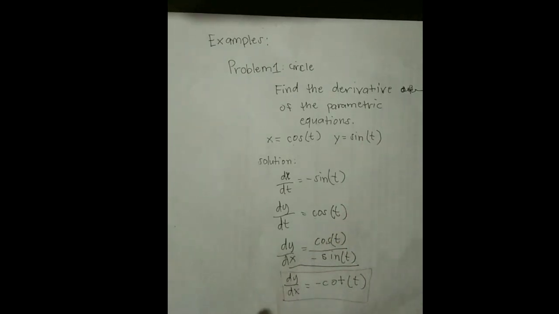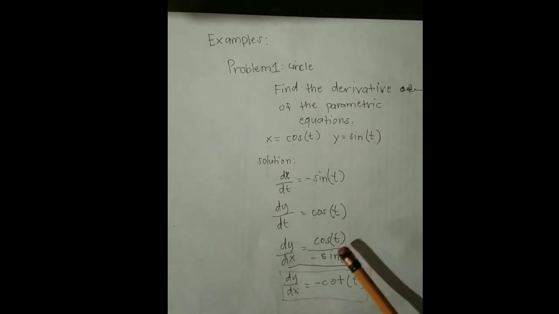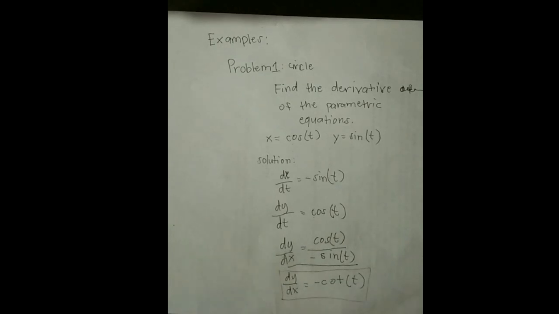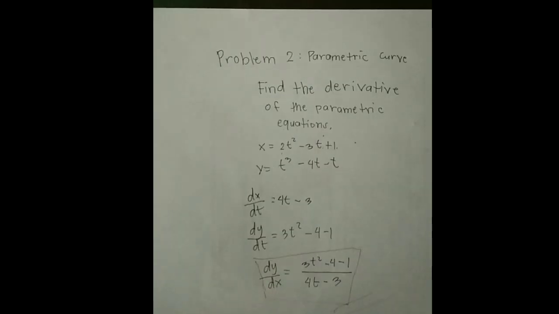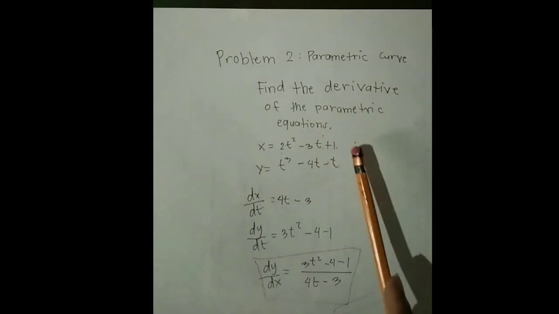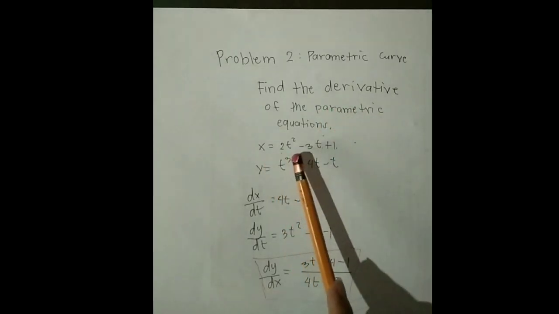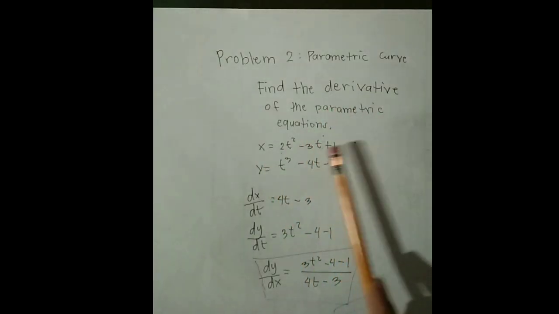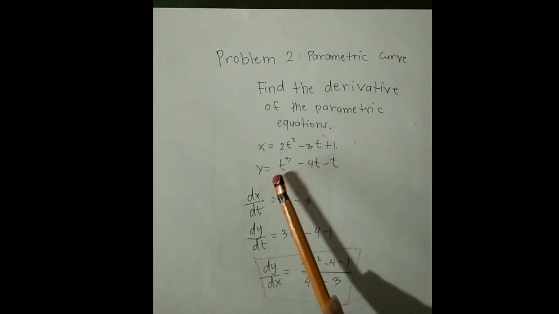Problem number 2, parametric curve. Find the derivative of the parametric equations x = 2t squared minus 3t plus 1, y = t cubed minus 4t minus t. First, we derive x. The derivative of 2t squared is 4t, because 2 times 2 is 4, that's why 4t, minus 3, the derivative of 3t is 3.